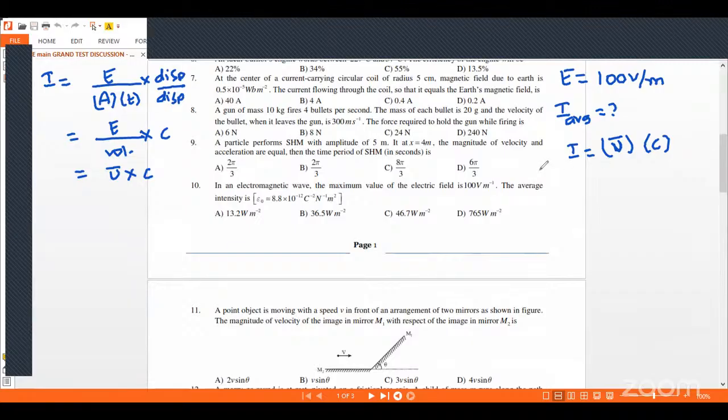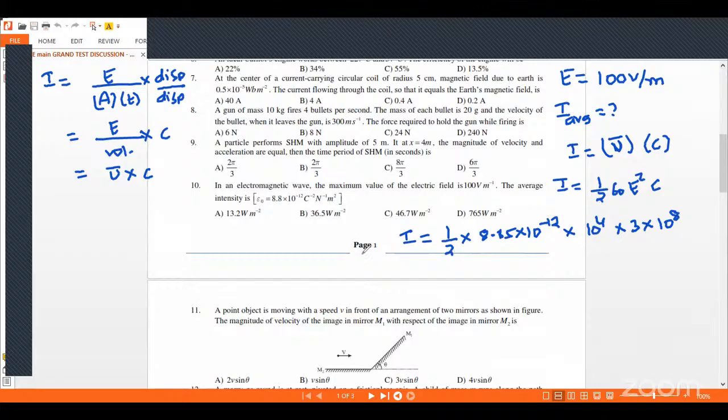So, since it is intensity, it is half epsilon naught E square into C. So average intensity is half, epsilon naught is 8.85 into 10 power minus 12, E square is 10 power 4, C is 3 into 10 power 8.